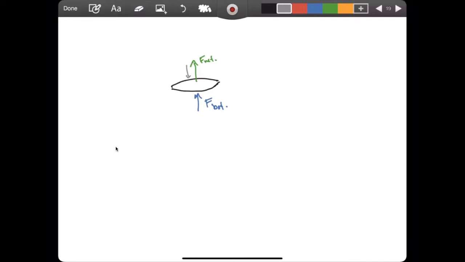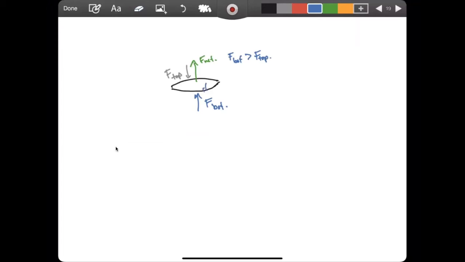Simultaneously, there is a force pushing downward from the air on the top. So the net upward force has to be generated by the difference between these two, which means my F bottom must be bigger than F top. Otherwise, the net force won't be upward, and all I'm going to do is crash.